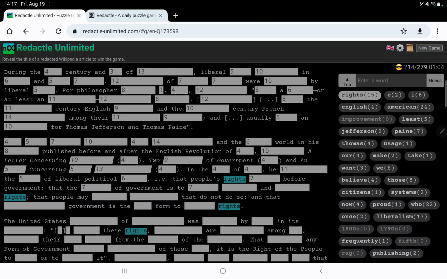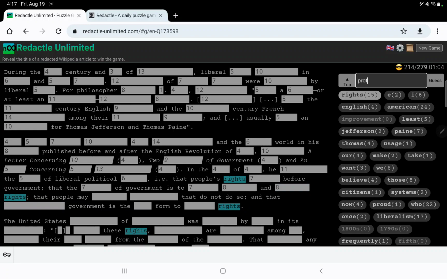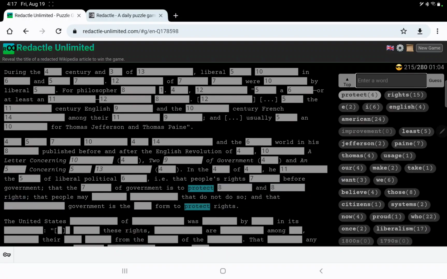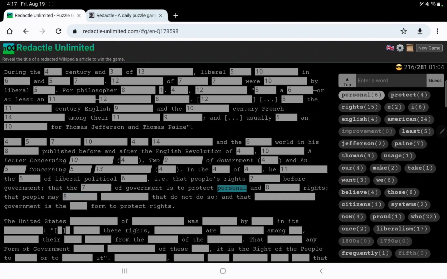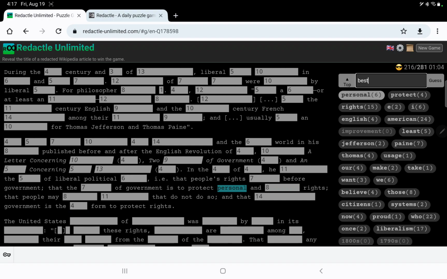That the something of government is to 7, 8, and 8 rights is to protect, personal and something rights, that people may 8, 11 that do not do so, and that 14 government is the best form.